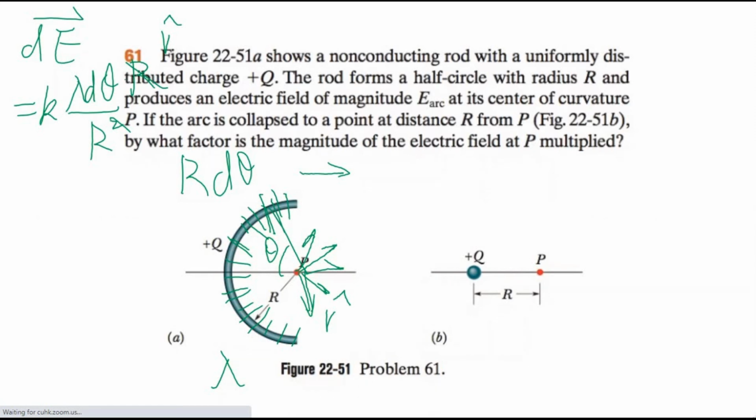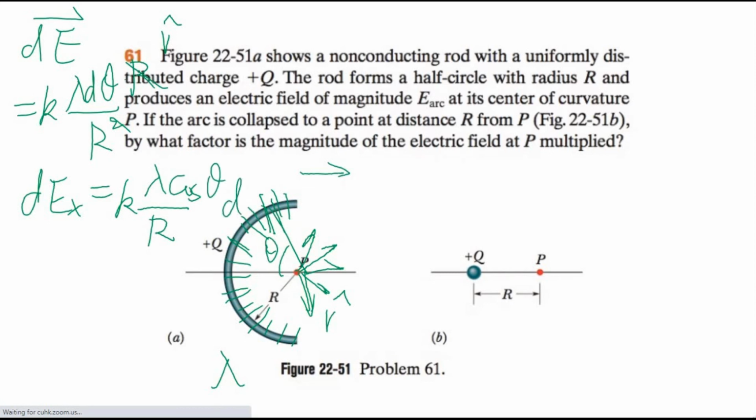So the dEx equals whatever we have multiplied with the cosine theta. So that would be k lambda over r cosine theta d theta.